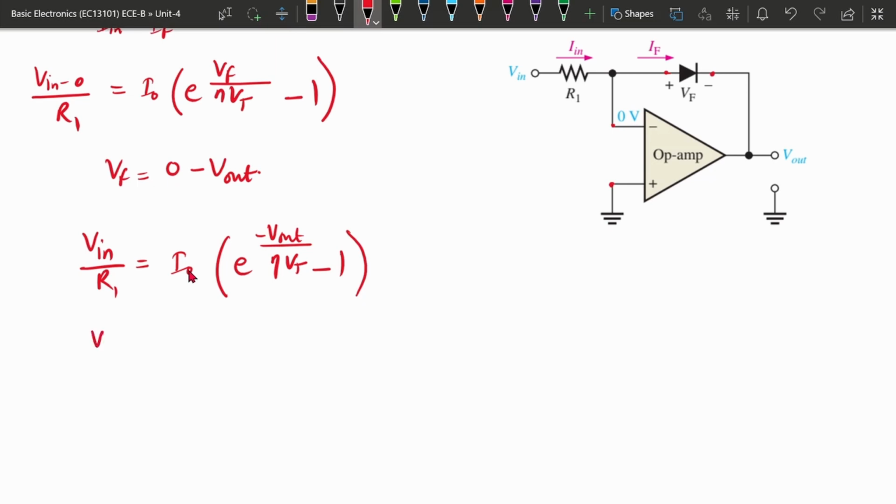So it will be V input by R1, I naught e to the power minus V out divided by eta Vt, multiplied again by I naught. Now we will further separate it.